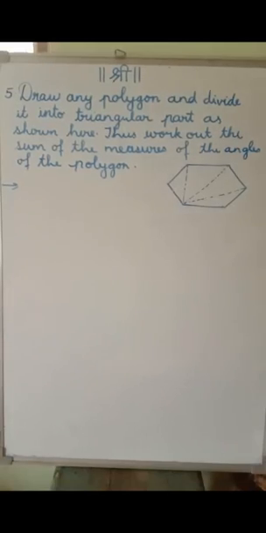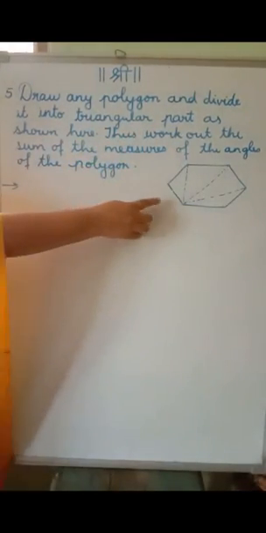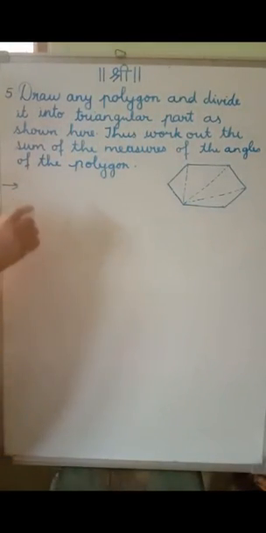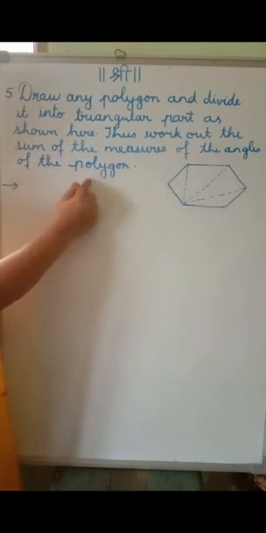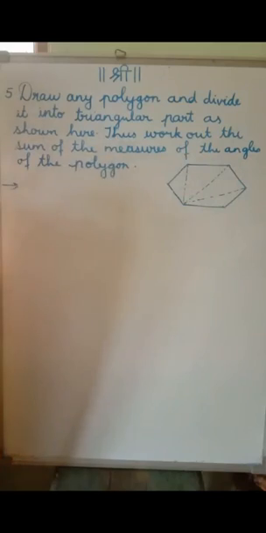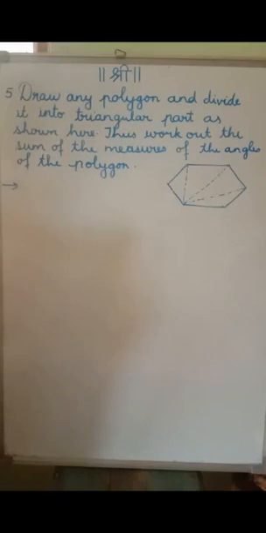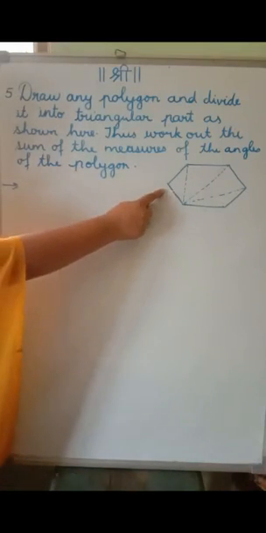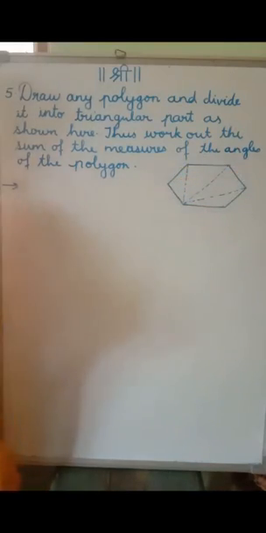Question 5. Draw any polygon and divide it into triangular parts as shown here. Thus, work out the sum of the measures of the angles of the polygon. Means we have to draw any polygon. Here we'll count the number of sides: 1, 2, 3, 4, 5 and 6 sides.